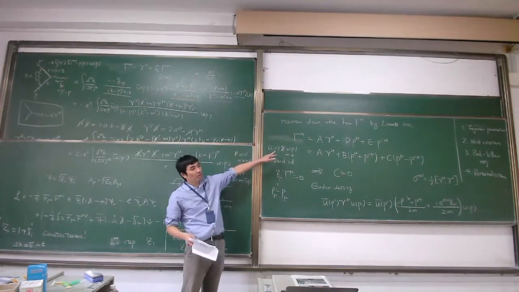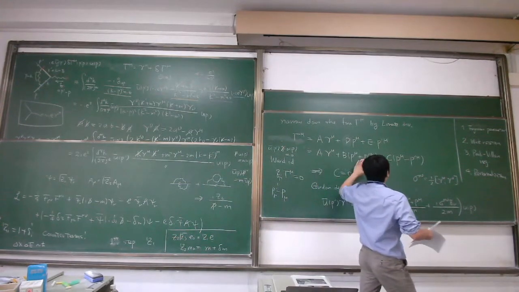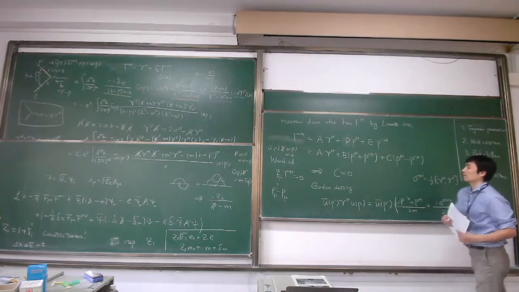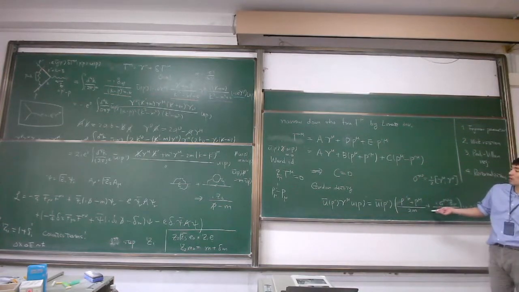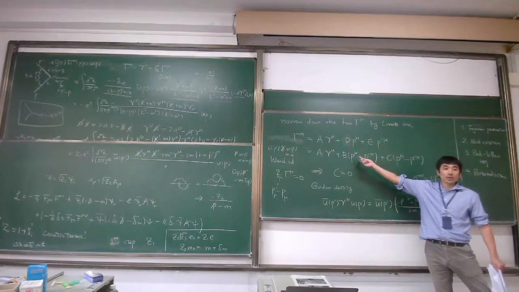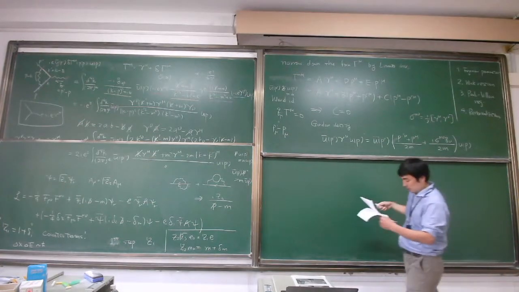So q is p' minus p. So therefore this is equal to 0. This one you don't need to worry about, but here it's not 0, so therefore you have to set it equal to 0. And now, using the Gordon identity, we can write p plus p' in the following way.